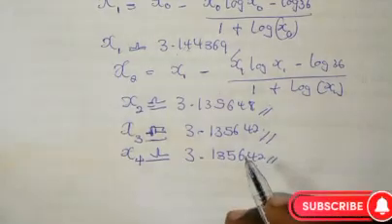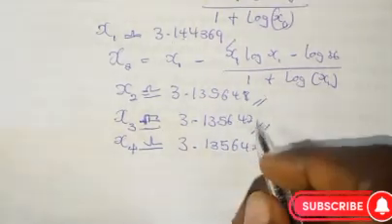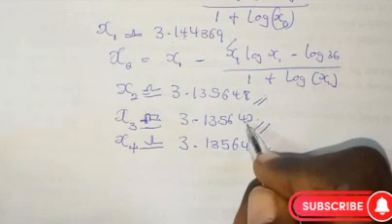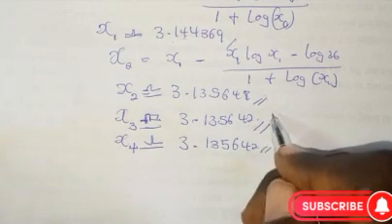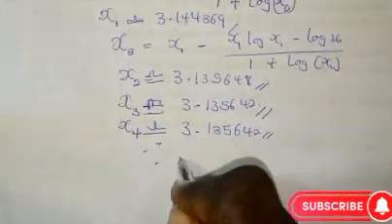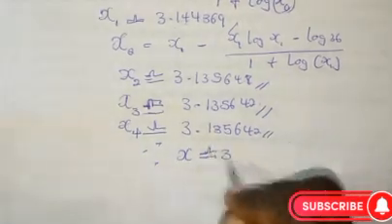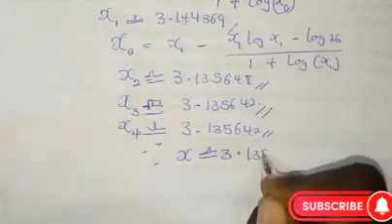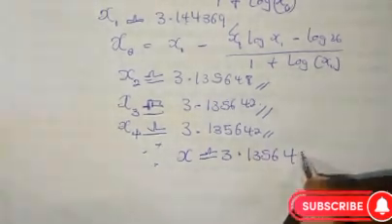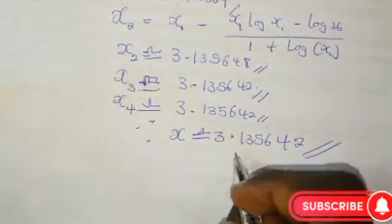If you take a careful look at x3 and x2, you can see that there's no difference at all. So this shows that this is the closest approximation to the value of x. Therefore, our value of x is 3.135642. So guys, this is our final answer.